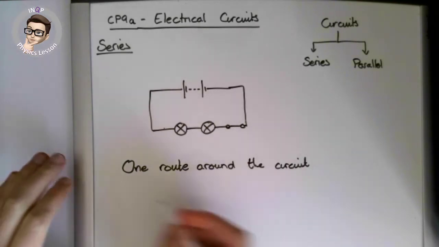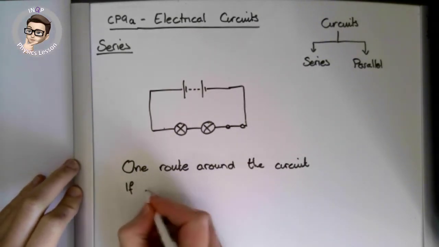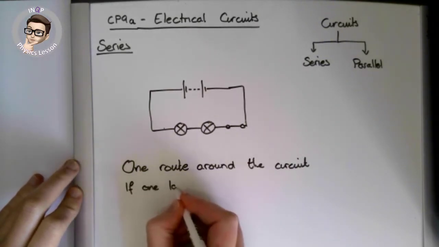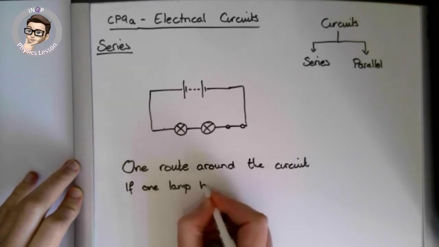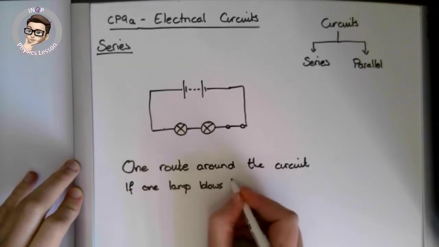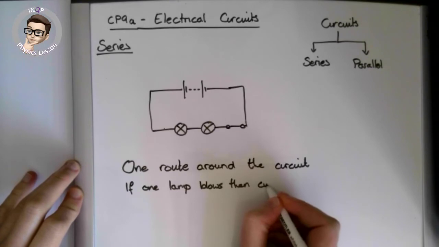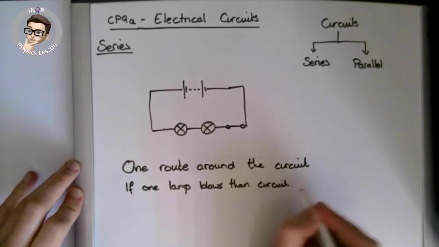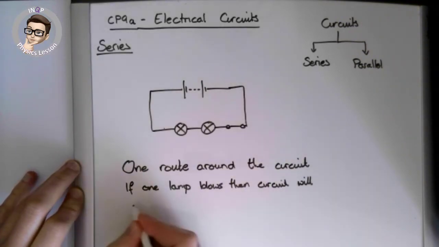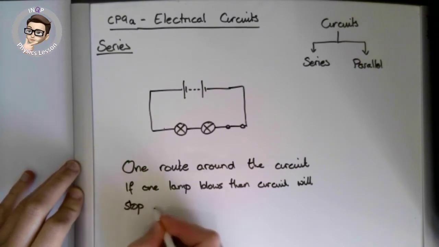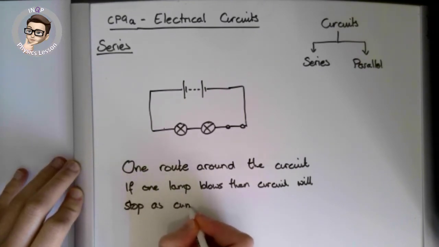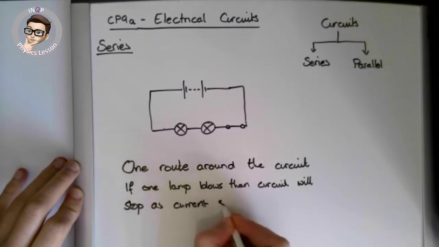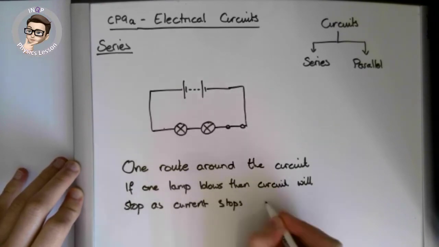And if one lamp blows, then the circuit will stop as current stops flowing.